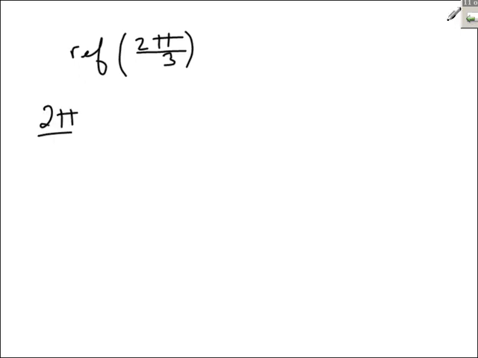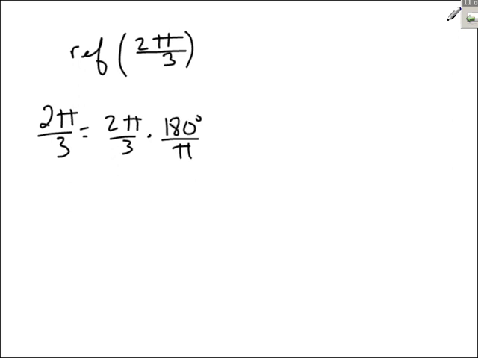What if I say 2 pi over 3? Let's end up in the second quadrant. What if you end up in the second quadrant? Find the reference angle of 2 pi over 3. Well, what is 2 pi over 3? 2 pi over 3 times 180 degrees over pi.